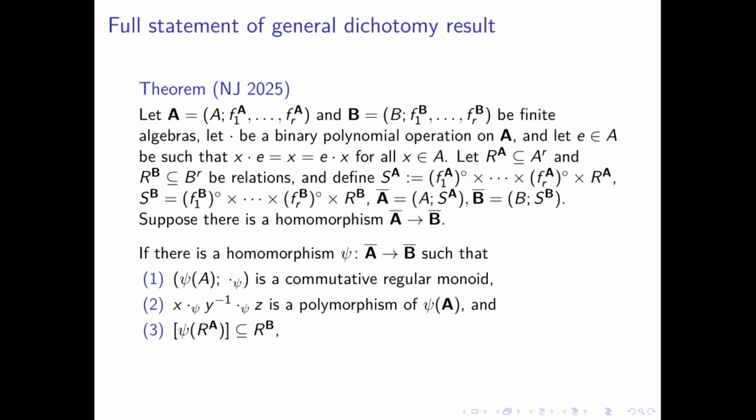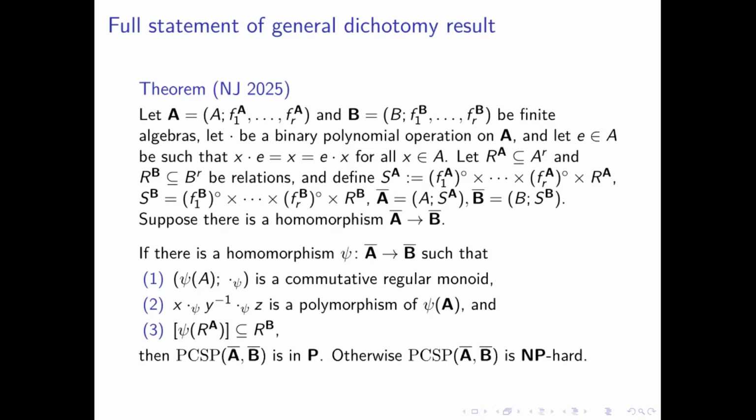So this coset notation that I've explained is used here. So the coset generated by psi of R of A is contained in RB. So these are the conditions that you need for PCSP A bar B bar to be in P. And if you don't have those conditions, then PCSP A bar B bar is NP hard.